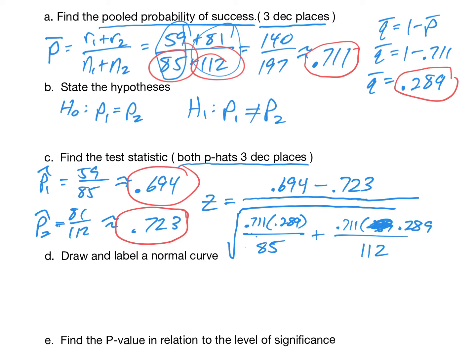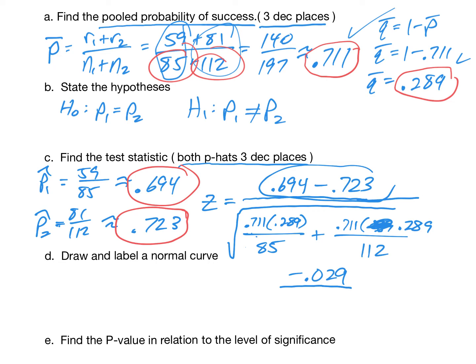Now, this is what's different. Guys, I want you to do this in 2 steps. Please, please, please do it in 2 steps. The reason I'm asking you to do it in 2 steps is we have already rounded twice, so it's okay to round to 3 decimal places. We're going to subtract these 2 numbers and get negative 0.029.